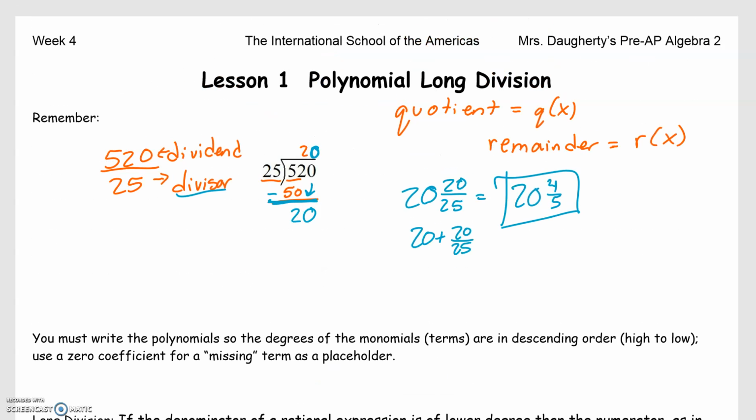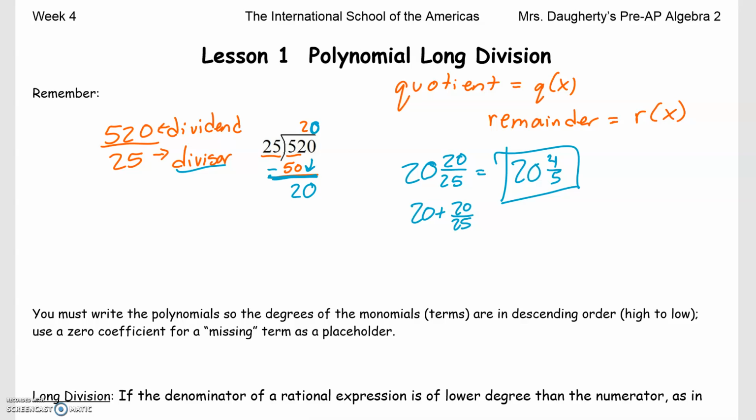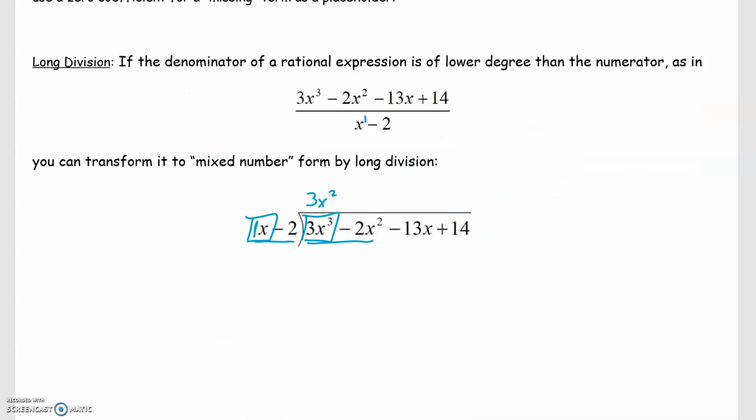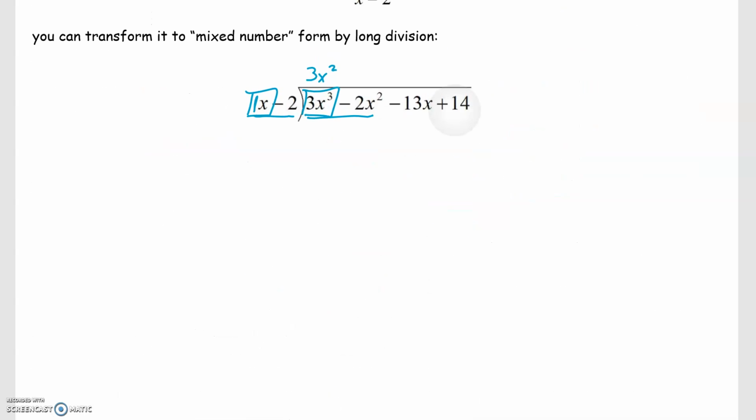Now, remember when we were up here and we took that 2 and we had to multiply it by 25 to get our term 50? That's exactly what we're doing here. So we're going to take 3x squared and multiply it by both terms. Our first term is 3x squared times x, and that's going to give us 3x cubed.